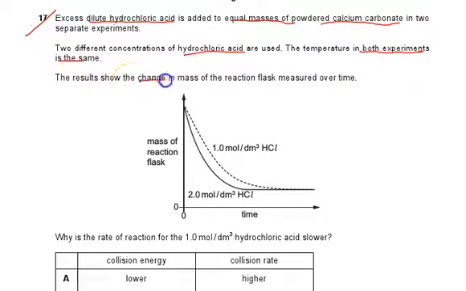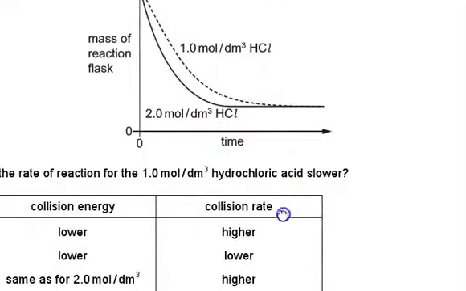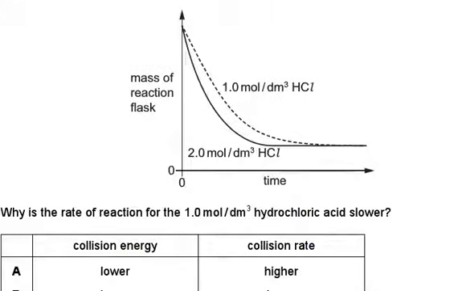The result shows the change in mass of the reaction flask measured over time. So these are the results. Let me make it slightly bigger. Okay. So here is the mass of the reaction flask. And remember the acid is in excess. Okay. Acid is in excess.